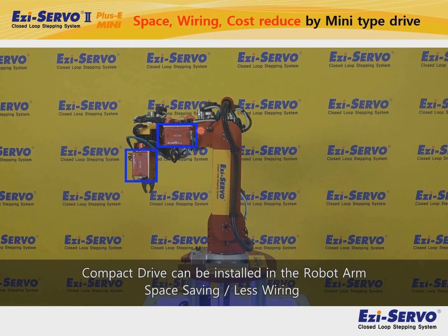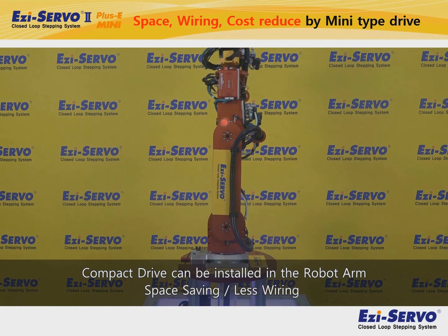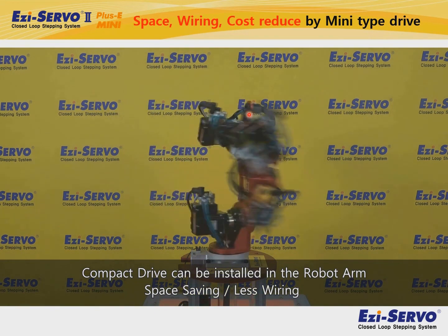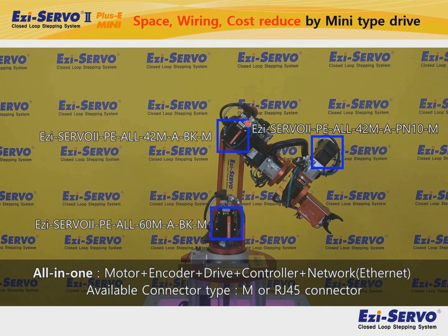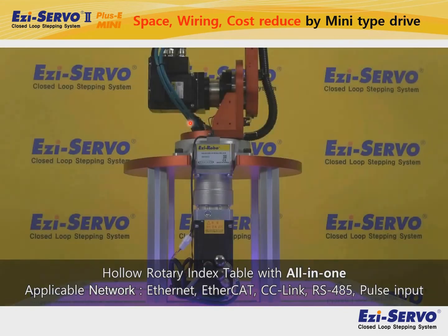This is the part to which the mini type drive is applied. This is the part where the all-in-one type product is applied.